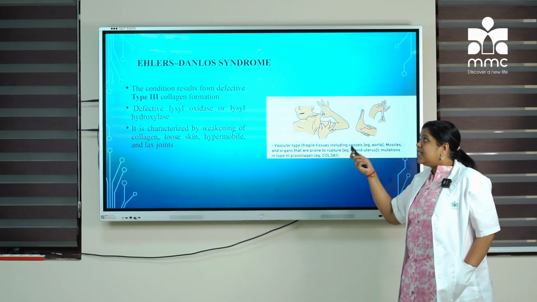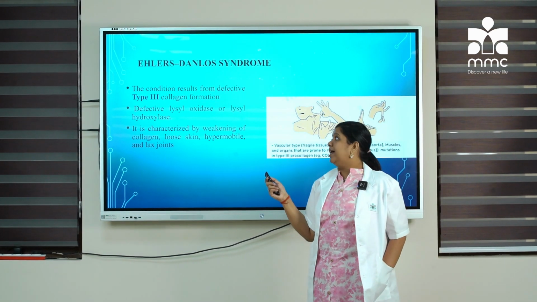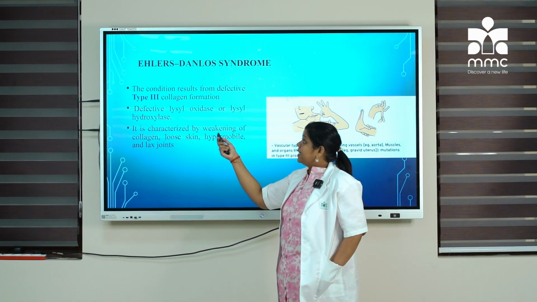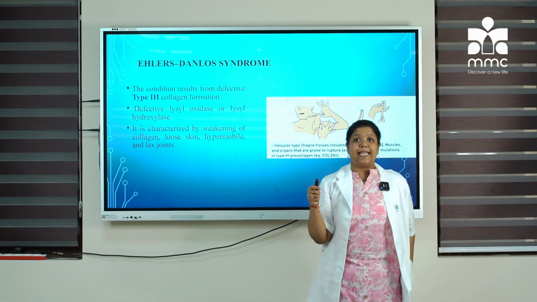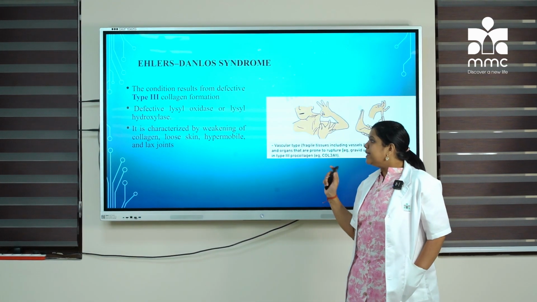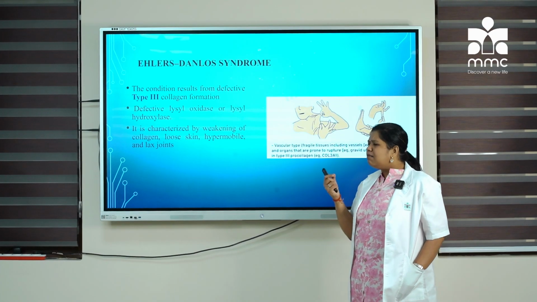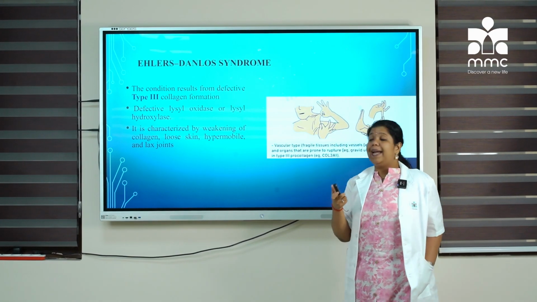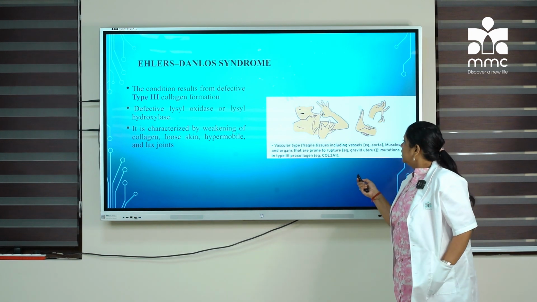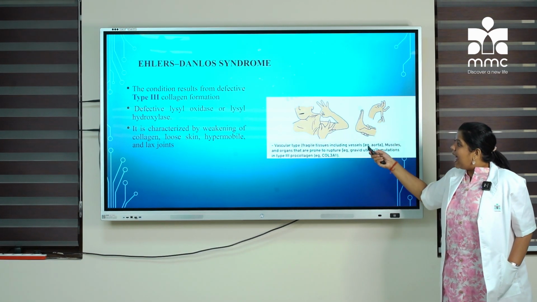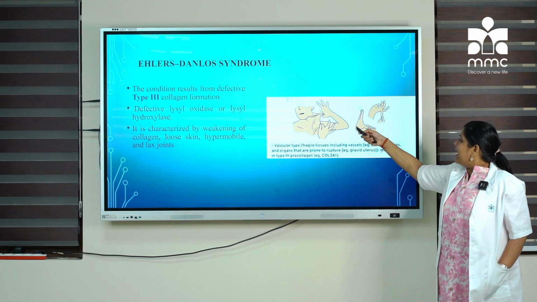This condition results from a defect in type 3 collagen, that is, a defect in lysyl oxidase or lysyl hydroxylase. It is characterized by weakening of the collagen, that is, loose skin and hypermobile, lax joints. The picture represents the lax joints, hypermobile and loose skin.